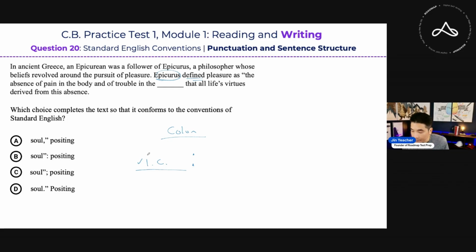The second thing is the information after the colon. What does the information after the colon do? What is its function? What is its job? The information after the colon has to clarify or explain what came before.